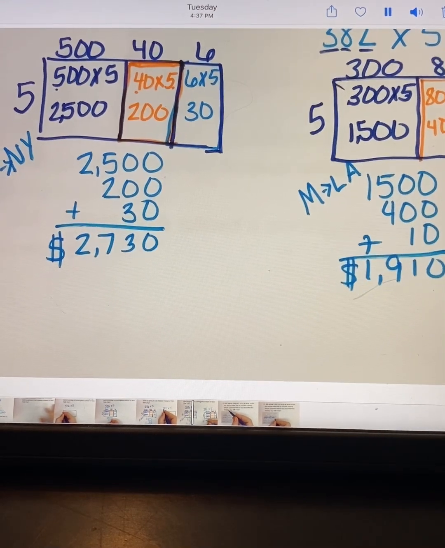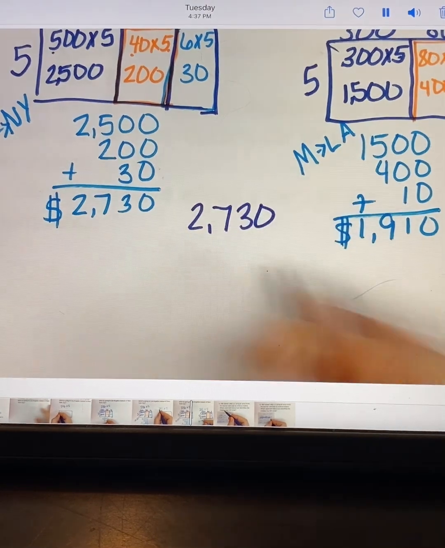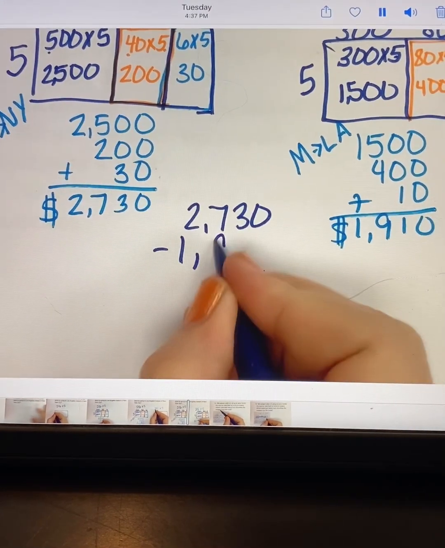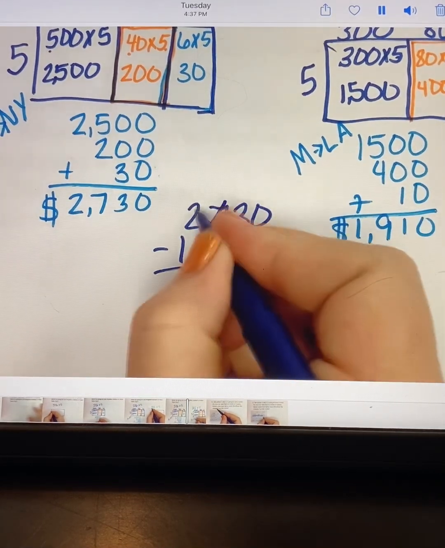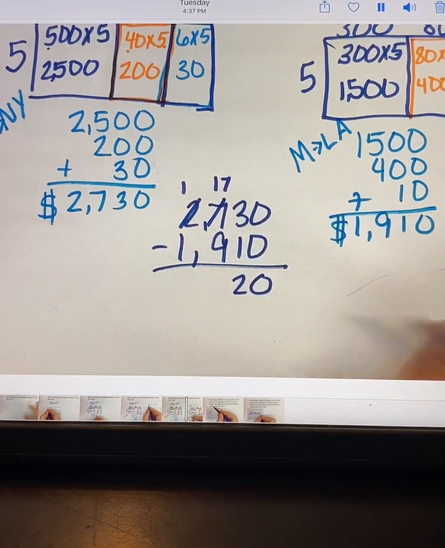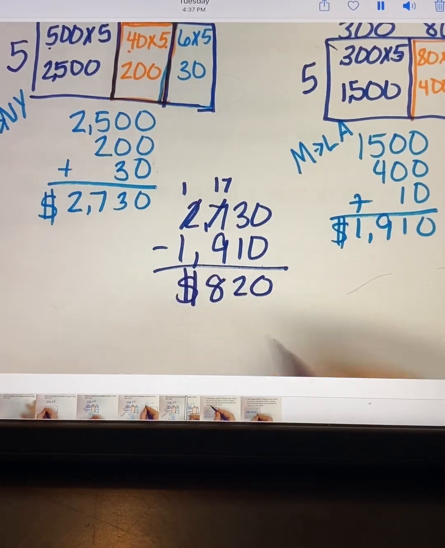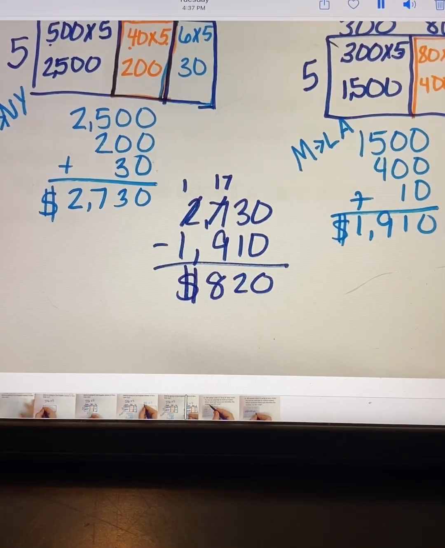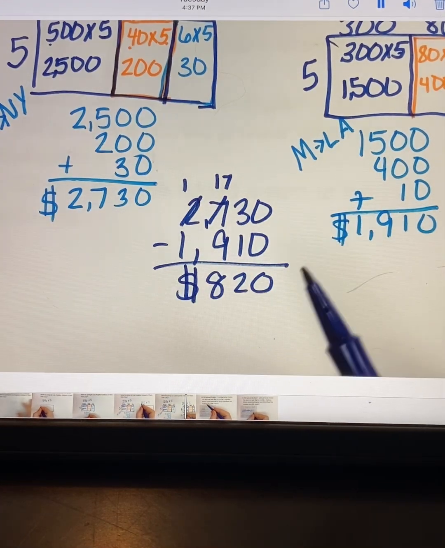So let's subtract 2,730 minus 1,910. Gonna have to do some borrowing. So they could save $820 by going to Los Angeles instead of New York.